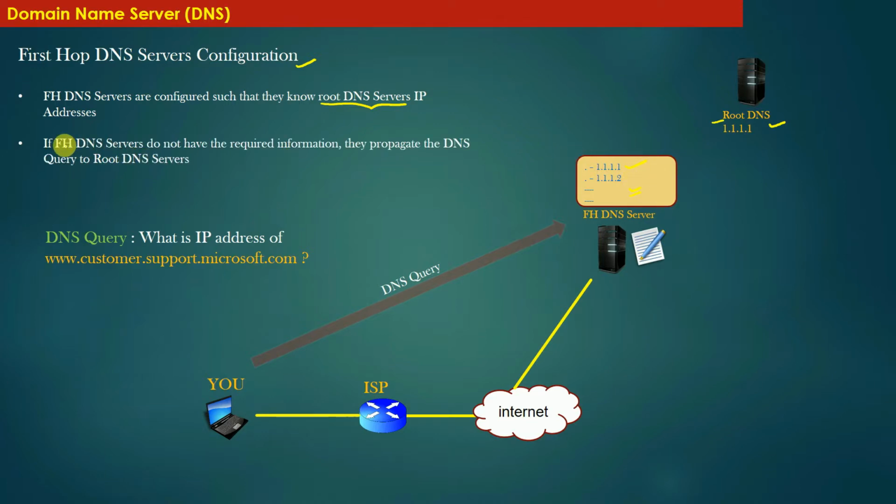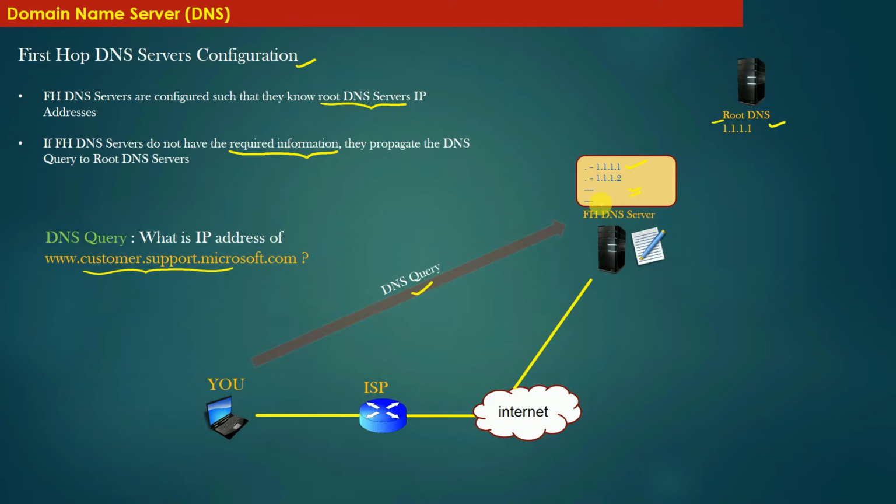Now, if the First Hop DNS server does not have the required information, remember you were trying to access the website www.customer.support.microsoft.com and your computer had sent the DNS query to the First Hop DNS server asking for the IP address of this website. Now let us suppose that the First Hop DNS server does not know the IP address of this requested website.